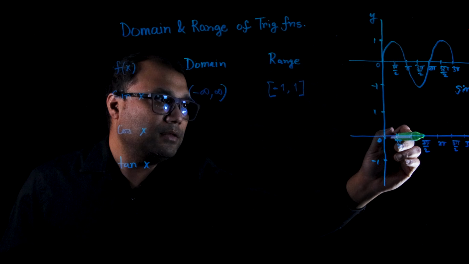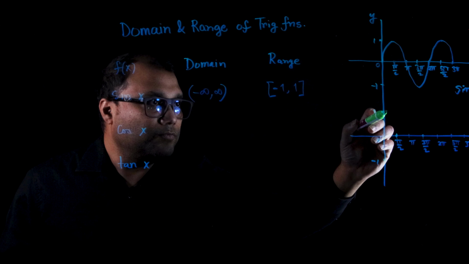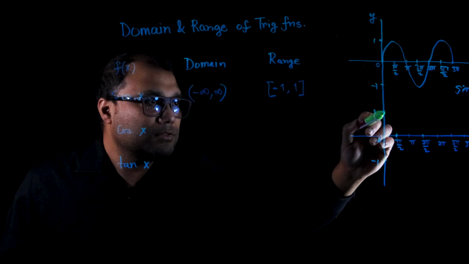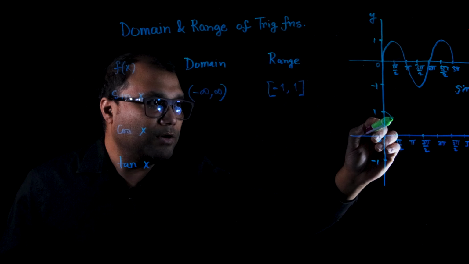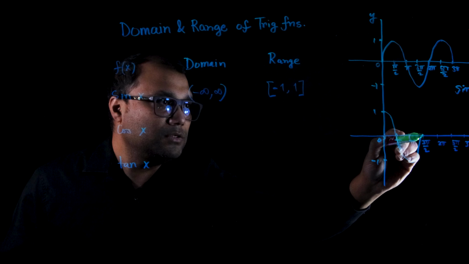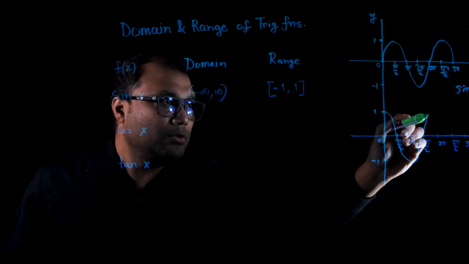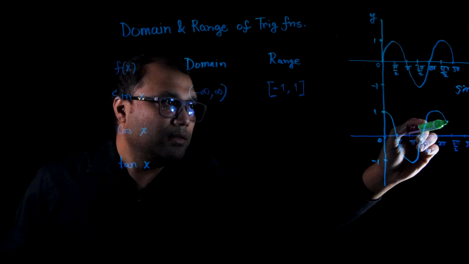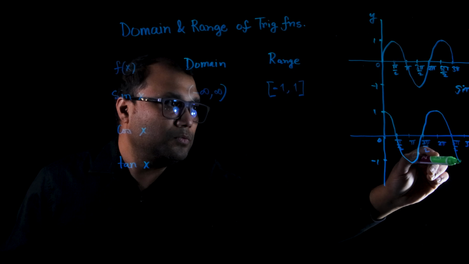Again, cos 3 pi by 2 is 0. So if we plot the graph of cos x, it goes from 1 to 0 at pi by 2, minus 1 at pi, to 0 at 3 pi by 2, to 1 at 2 pi, 0 at 5 pi by 2, and such. Okay, so this is cos x.